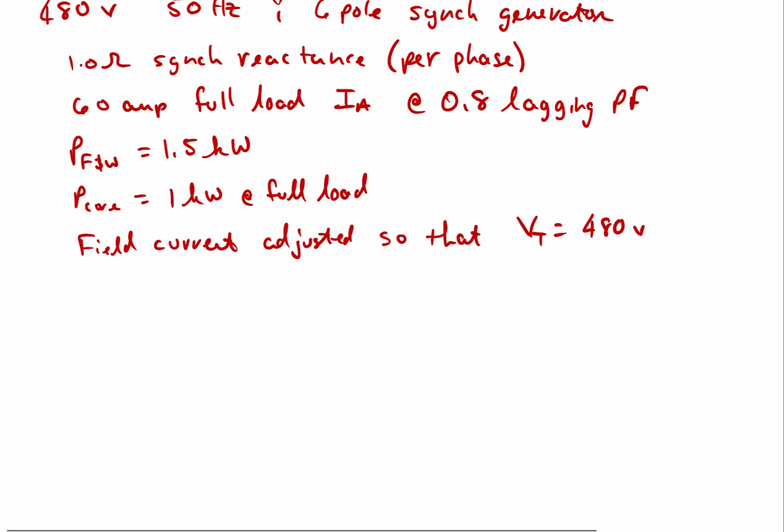Okay, and we want to figure out a few things here. We want to figure out the speed of rotation. We want the terminal voltage of the generator if we do the following things. One, if it is at rated current at 0.8 lagging.